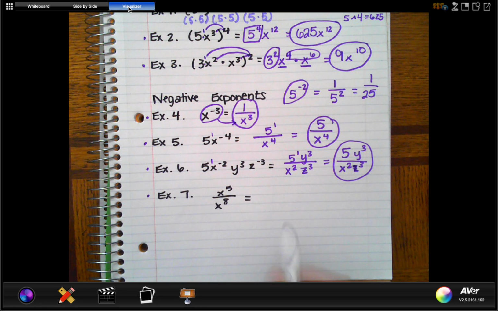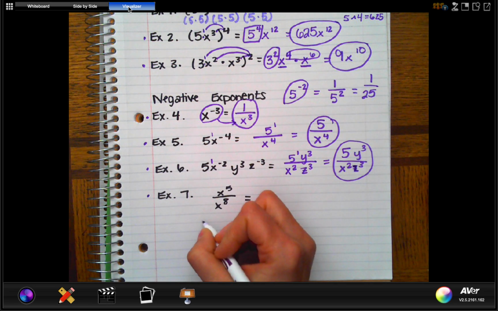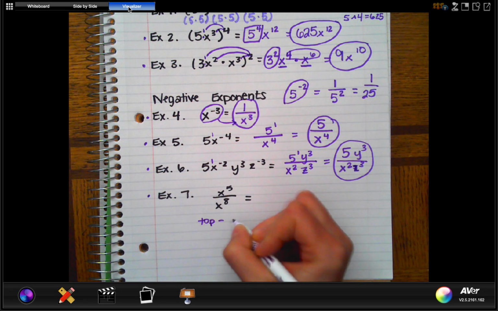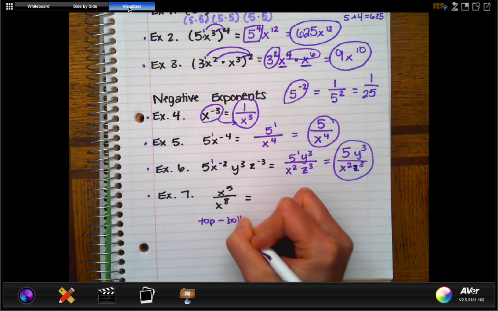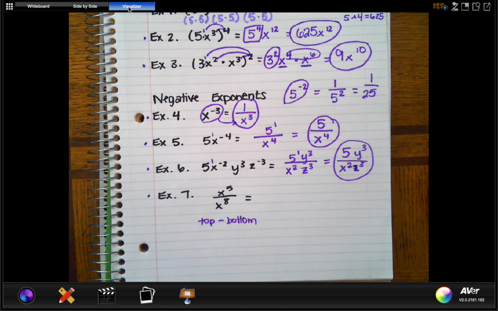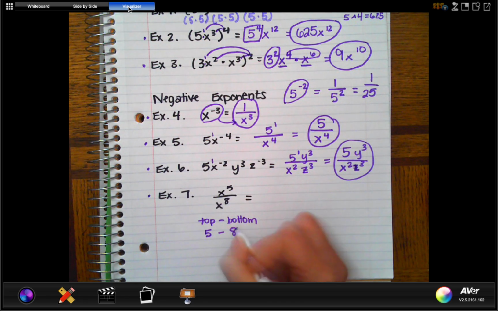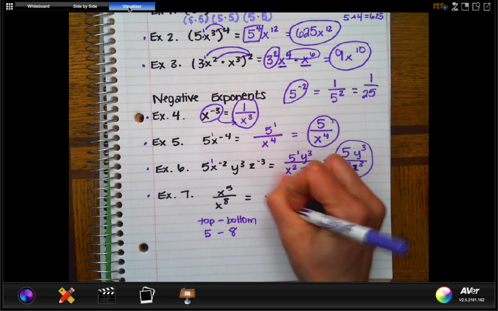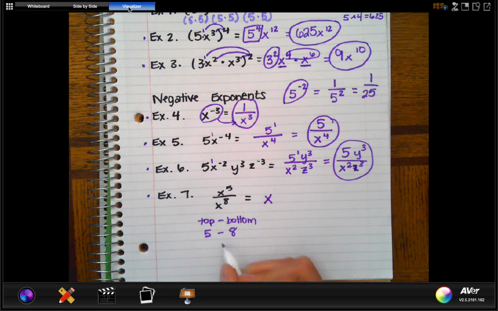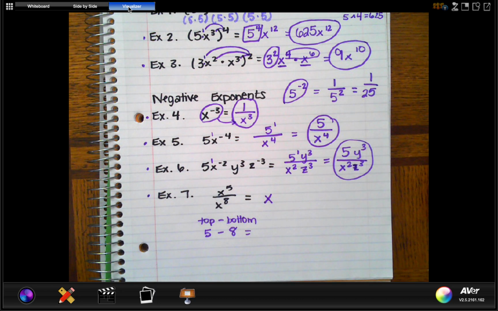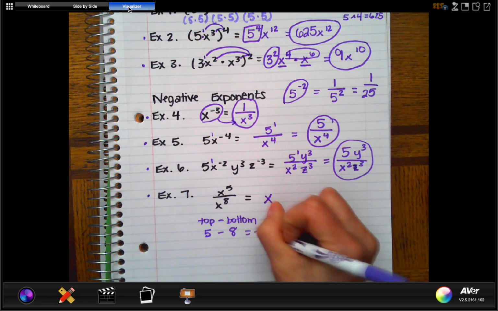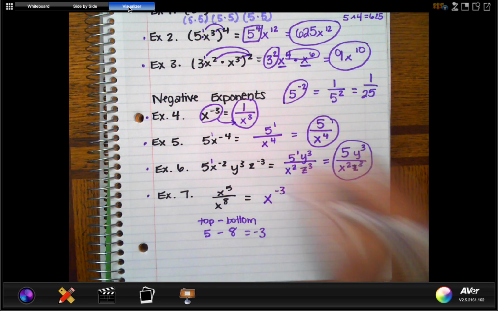You must always do the top exponent minus the bottom exponent. You cannot reverse the order. So I'm going to do 5 minus 8. Keep my base of x, but 5 minus 8, if you know your integers, or if you're using a calculator, you know that this is negative 3. So we get x to the negative 3.